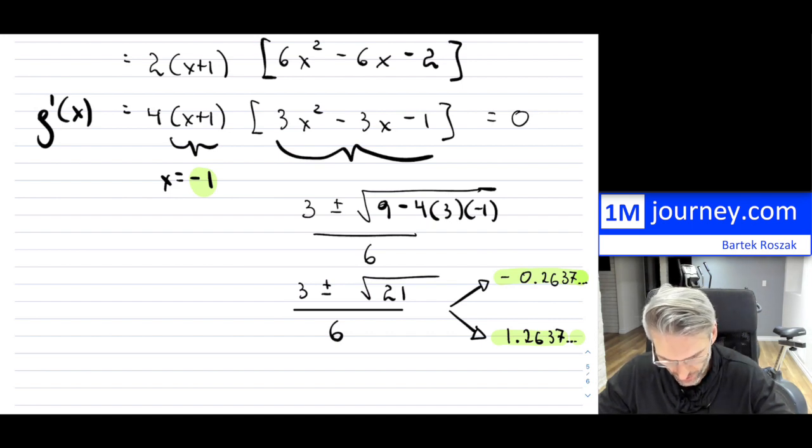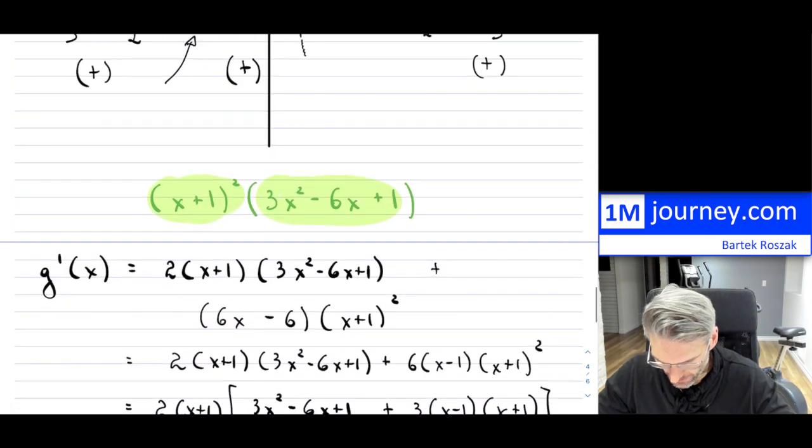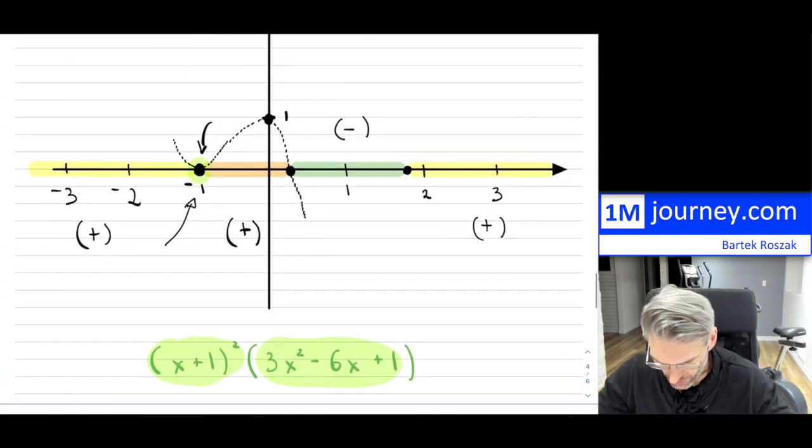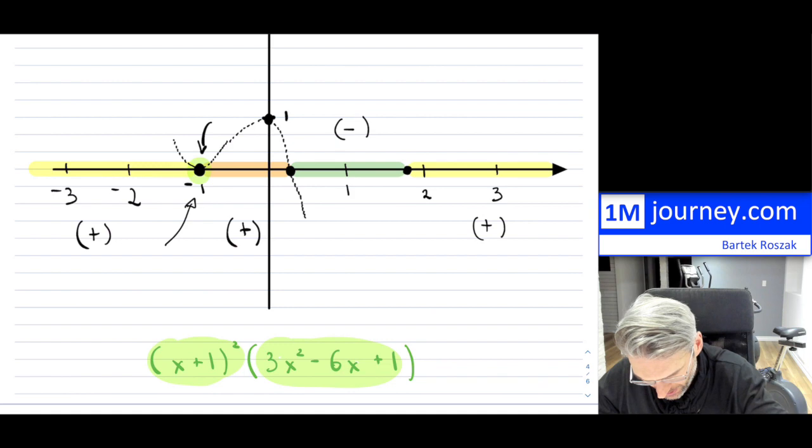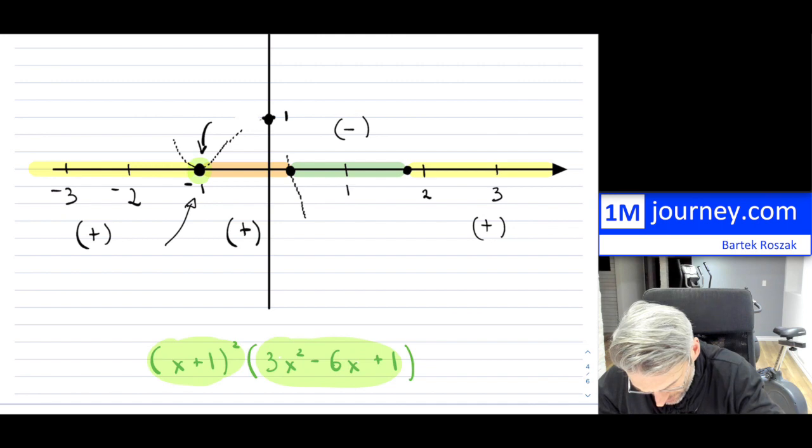So -0.26. Okay, so right here, what would happen? So just a little bit off of this. So right here, this is -0.26. So it looks like this is going to be tending like this, and then turning back through that 1 over there, okay?